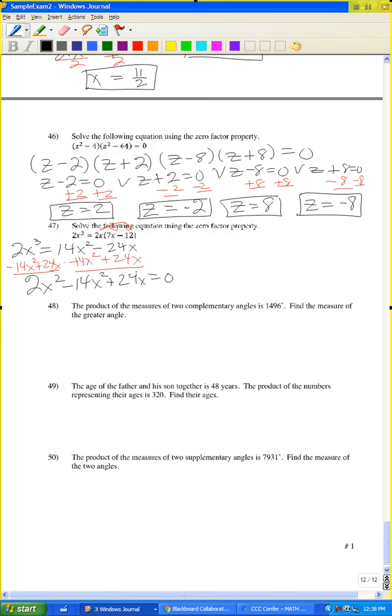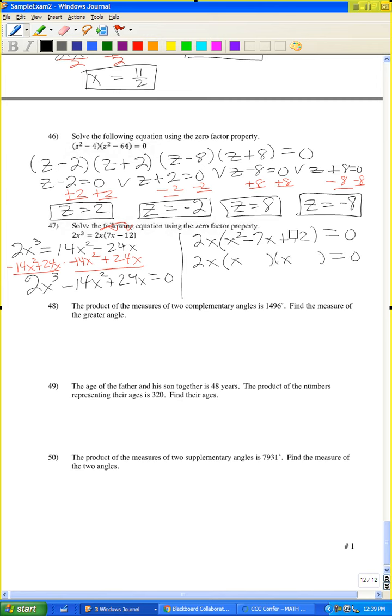Factor out the 2x. So you get 2x times, oh man, that's a cube. 2x times x squared minus 7x plus 12 equals 0. Let's factor this. And so I have here 2x. This is a monic polynomial inside the parentheses, so I'll put an x.